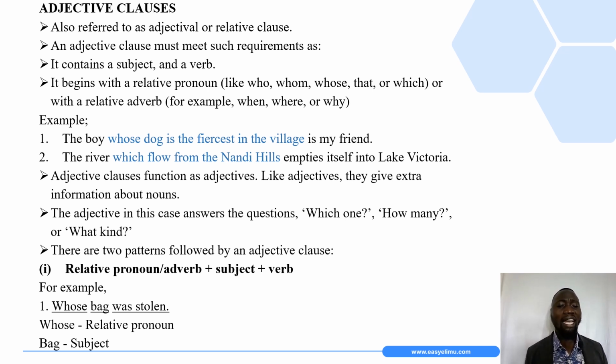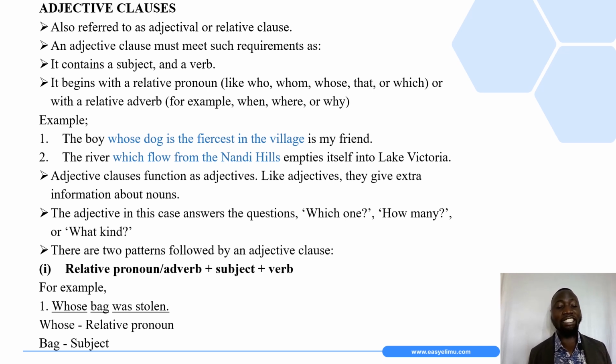Looking at the formation of the adjectival clause, we learn that there are two patterns that we can use to form an adjectival clause. The first pattern is using a relative pronoun or a relative adverb plus a subject plus a verb.